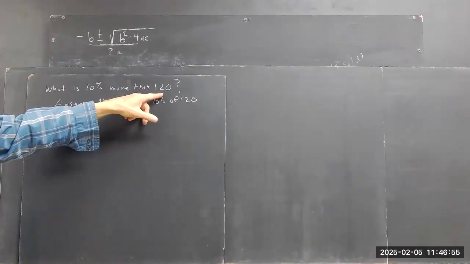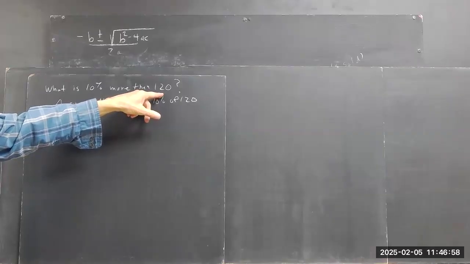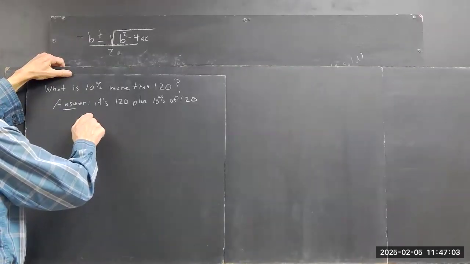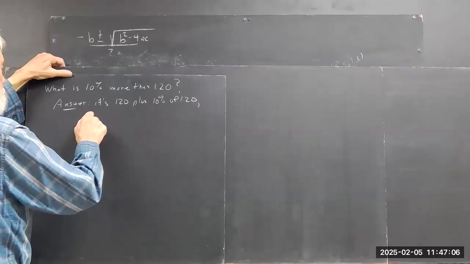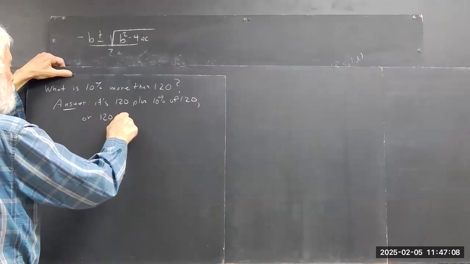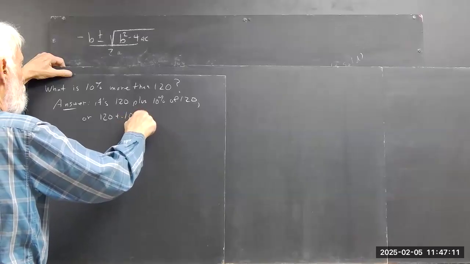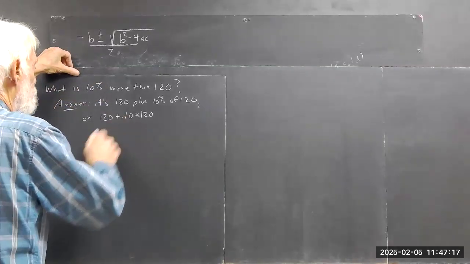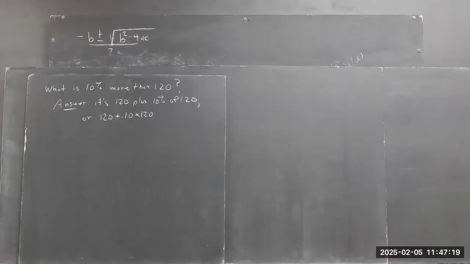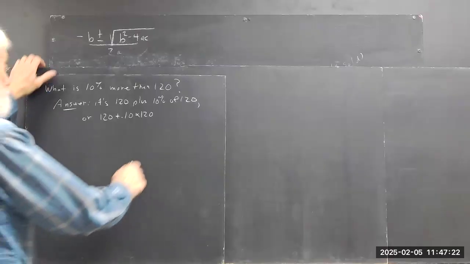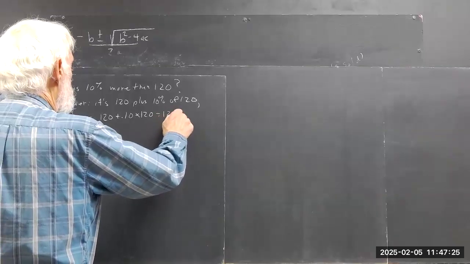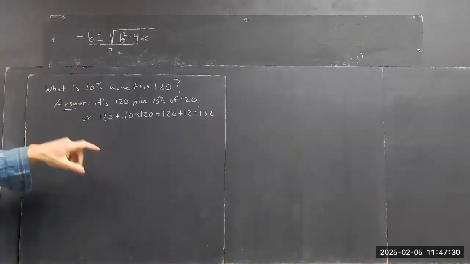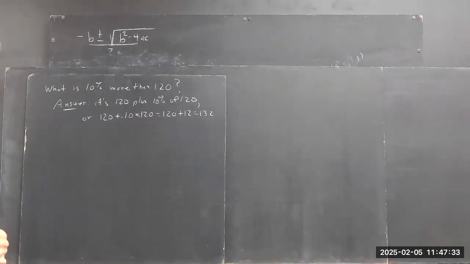We've got more than 100 here, so 10% of this is going to be more than 10, right? And of course, 10% of 120 we understand. Is going to be 120 plus 0.10 times 120. That's 120 plus 12, which is 132.